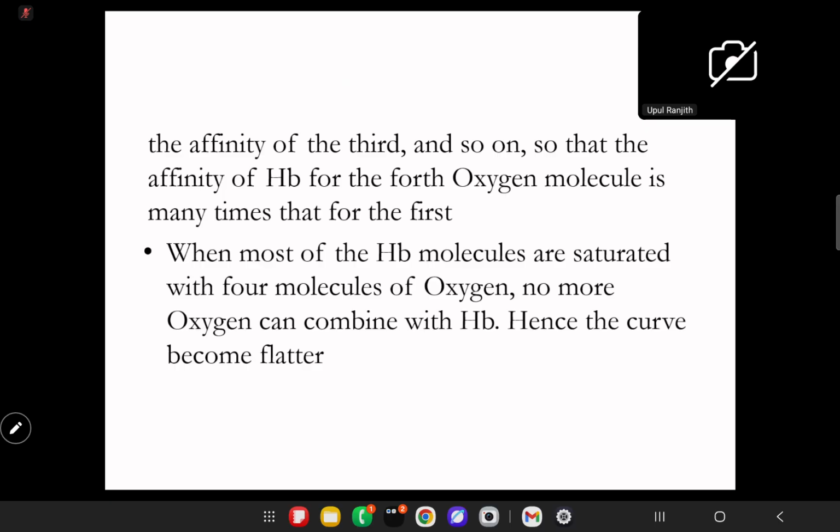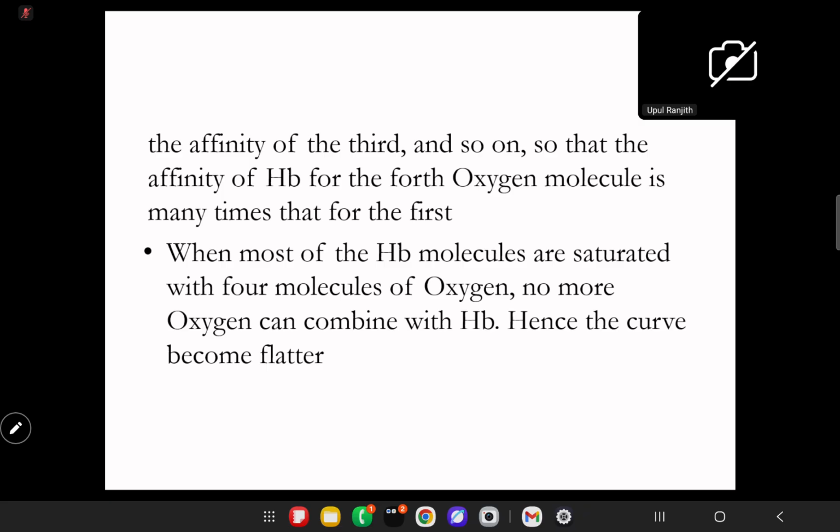When most of the hemoglobin molecules are saturated with four molecules of oxygen, no more oxygen can combine with hemoglobin. Hence, the curve becomes flatter at the end, because all the hemoglobin molecules are bound to oxygen. The initial part is flatter because the affinity is less.